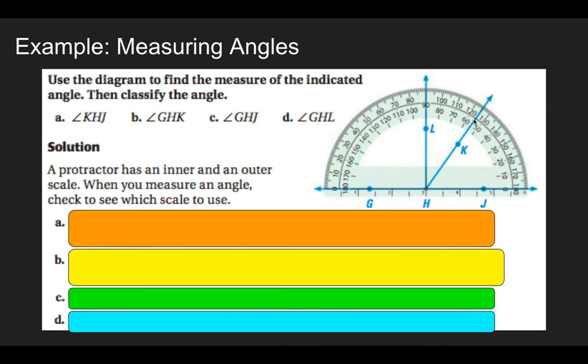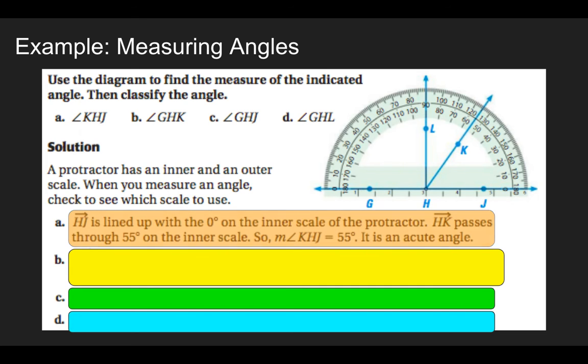So HK meets the protractor between 50 and 60. Let's assume 55. So 55 minus 0 is 55. And 55 is less than 90, which makes it an acute angle.